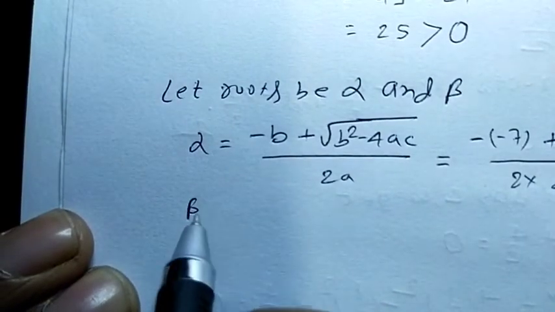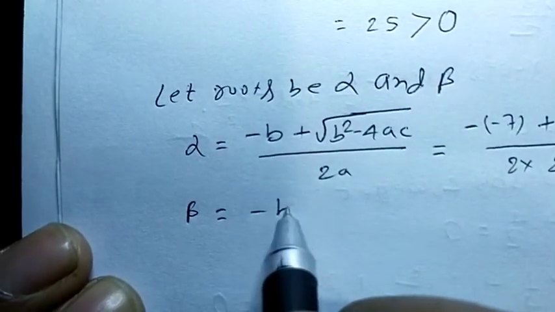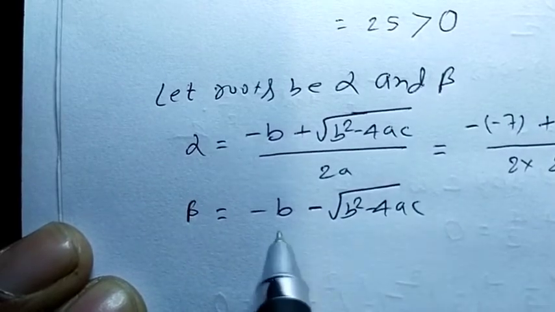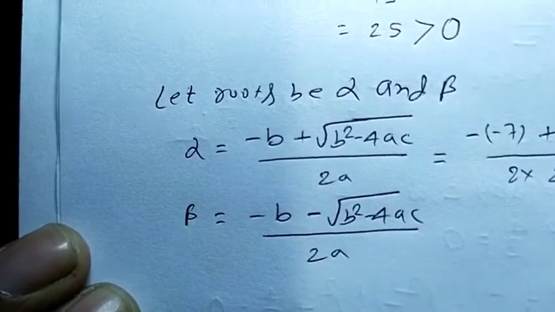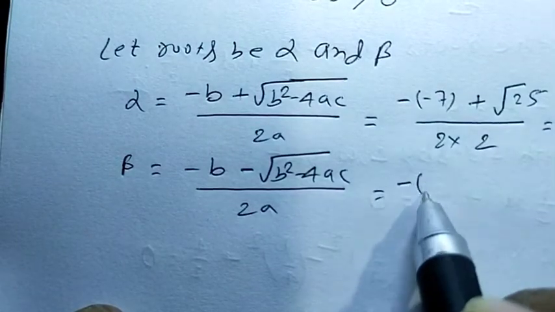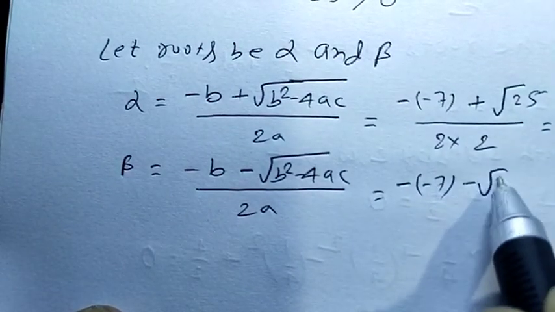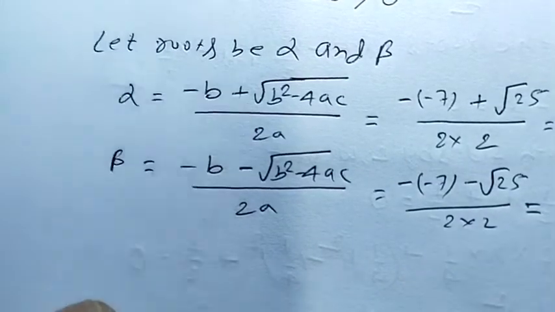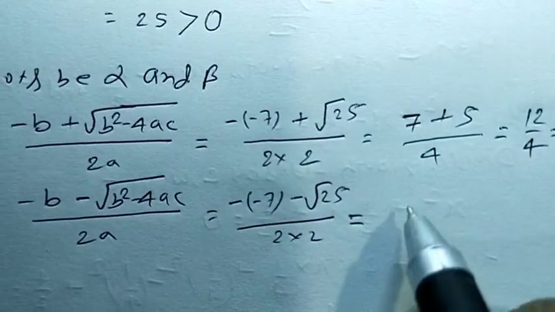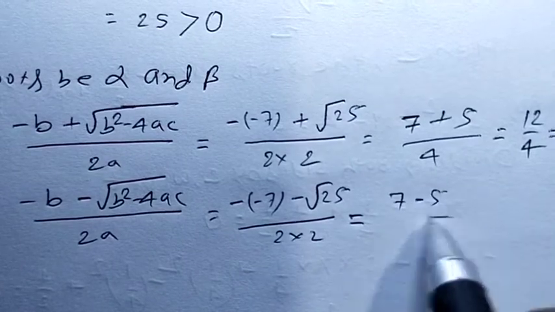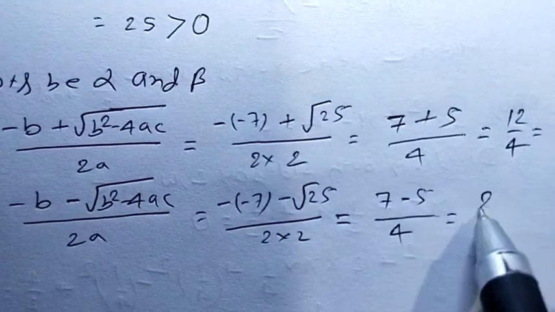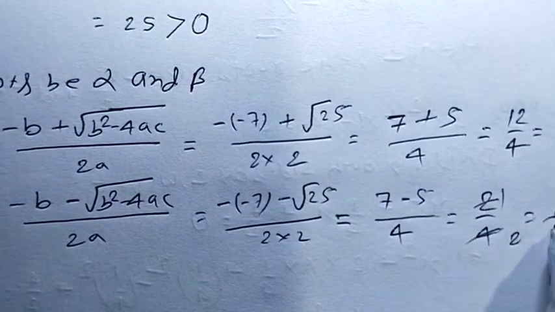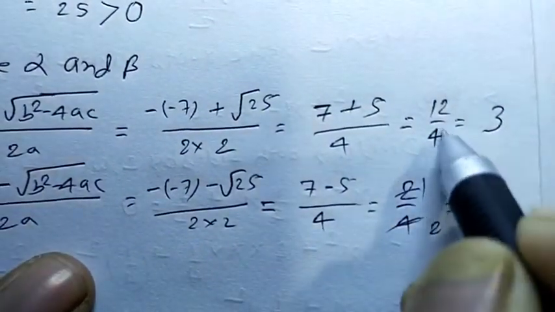Now the second, beta is equal to minus b minus root under b square minus 4ac by 2a, is equal to 7 minus root under 25 by 2 into 2, is equal to 7 minus 5 by 4, that is 2 by 4, that is equal to 1 by 2.